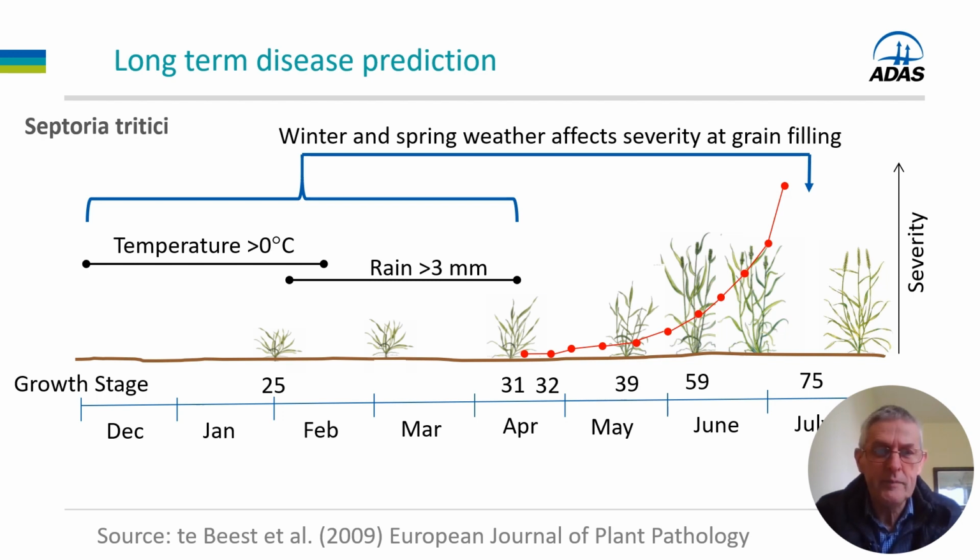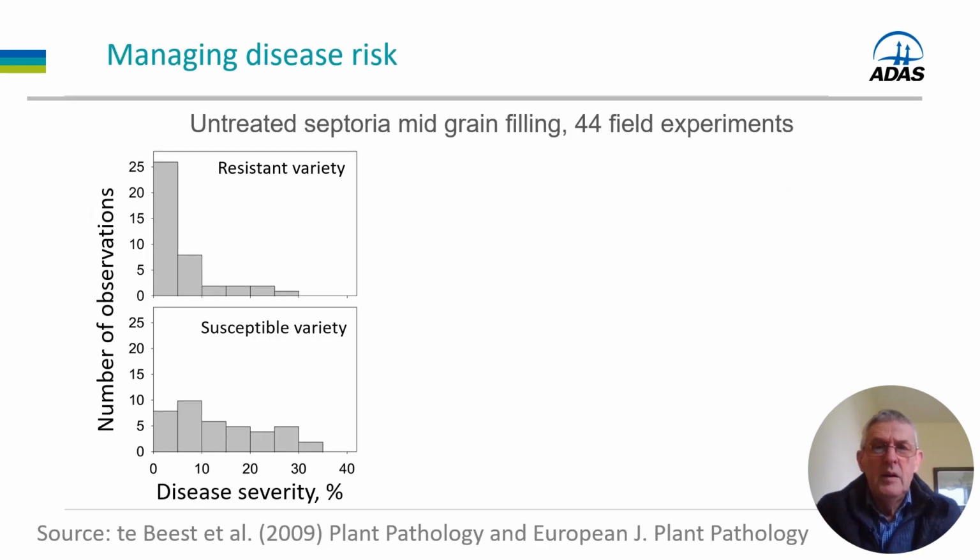Now, that's a very long-term prediction, and clearly it's not going to be superbly accurate, but is it at all useful? And indeed, is disease prediction at all useful? So we took a look at this in a series of 44 field experiments where we grew resistant varieties and susceptible varieties to Septoria across a range of sites across the UK and across a range of seasons.